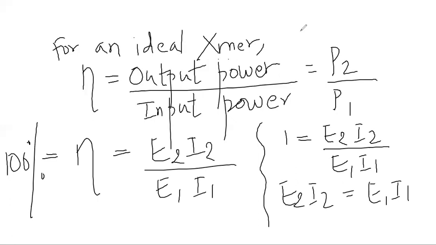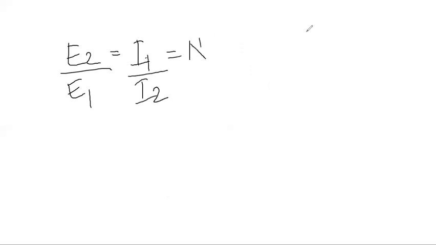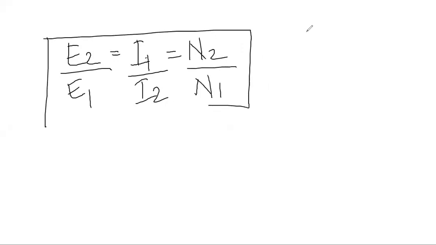Therefore, E2 upon E1 is equal to I1 upon I2, which is equal to N2 upon N1. This is a very important condition that we must remember.